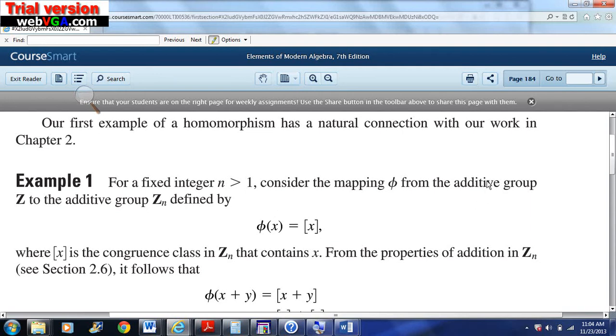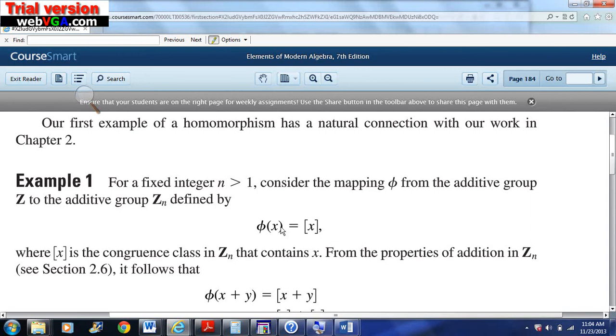That means the circular asterisk that we had is addition, and the square asterisk that we had is addition. So phi is defined in this way.